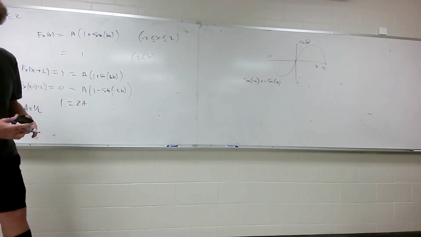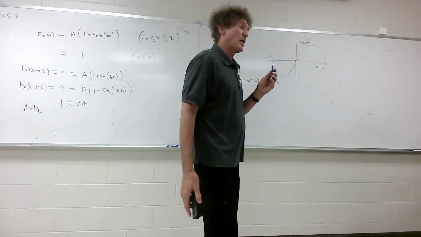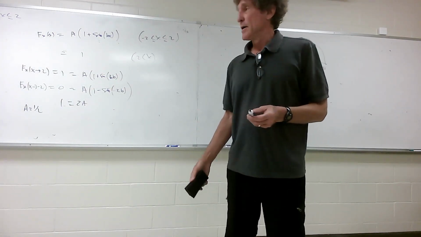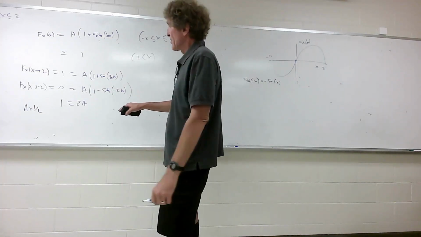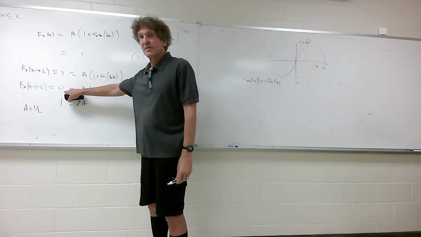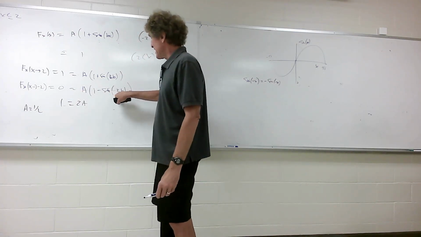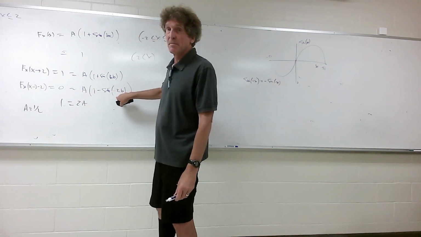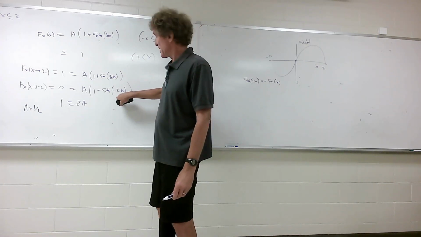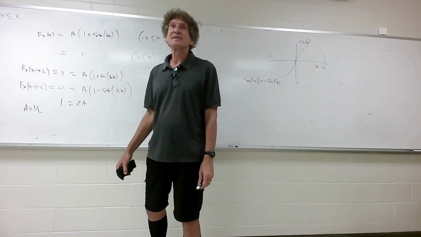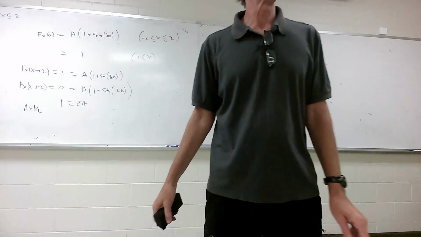All right, how do I get b? Plug in where? You're right, into 1. Well, what can you do? If you're here, you know that's 0. All right, what does that imply? It implies this has to be 1, right? So what argument of sine, or what makes sine of theta equal to 1?